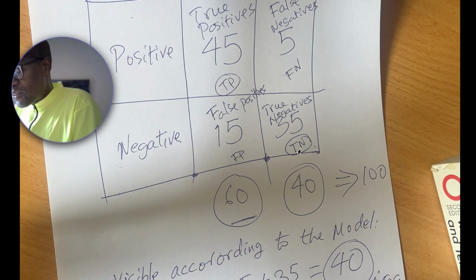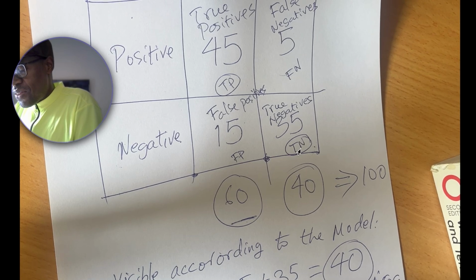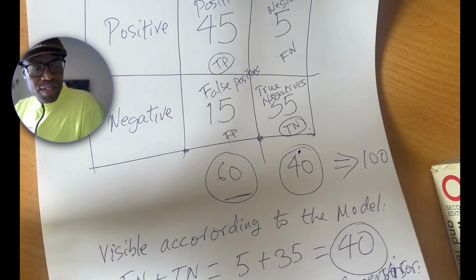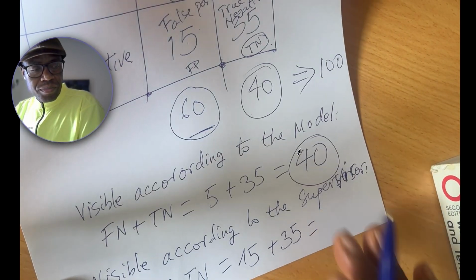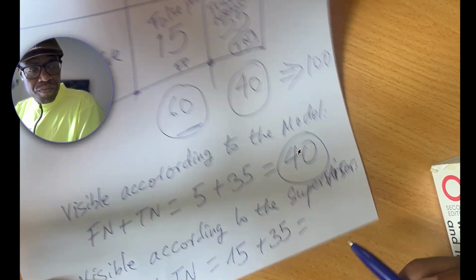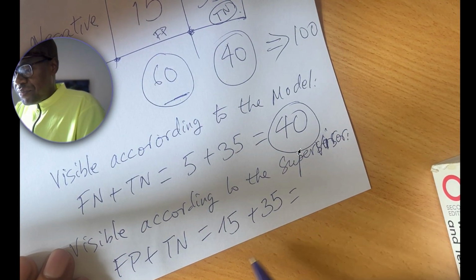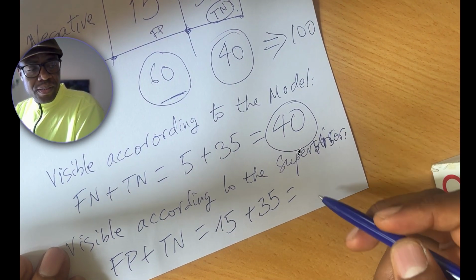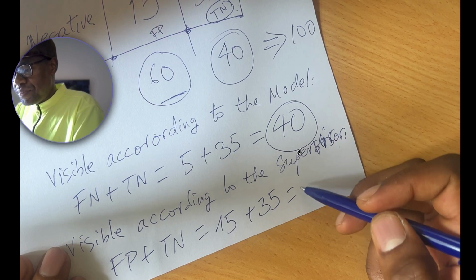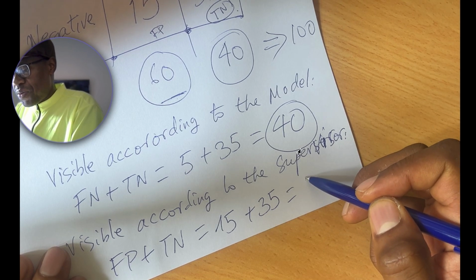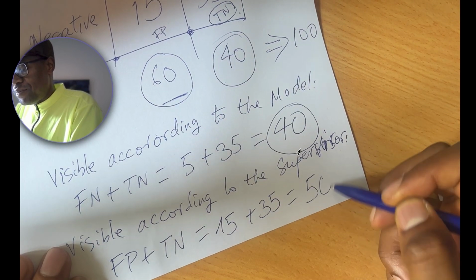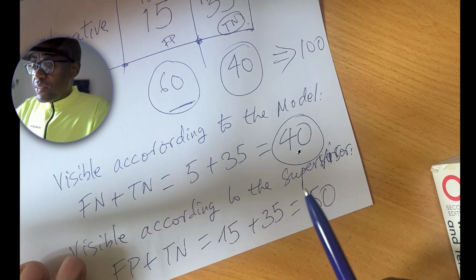So this is going to be 15 plus 35, and that's going to be 50.